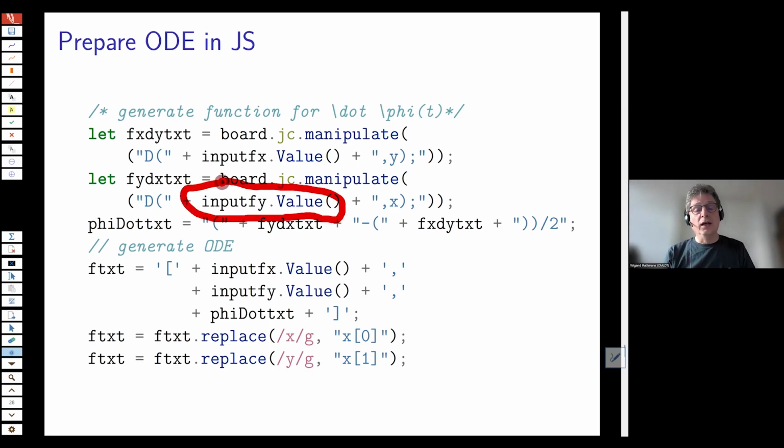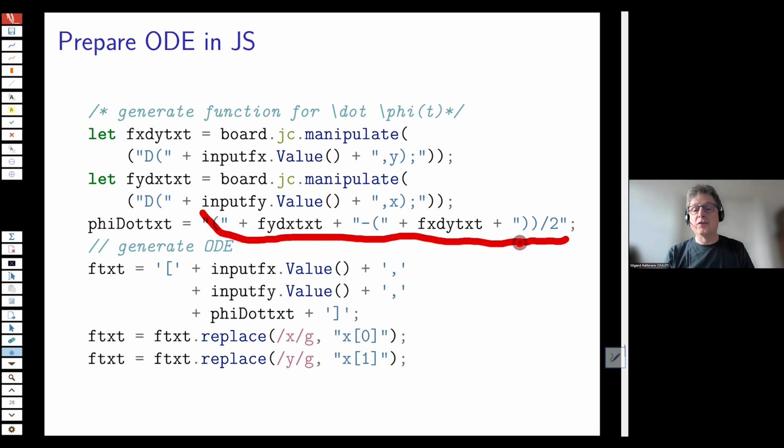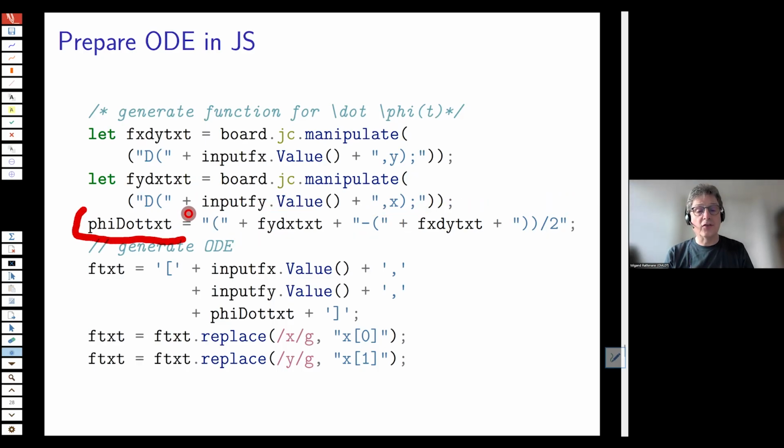I will differentiate this with respect to x, and at the end I will do some string operation, and I have my function as a string phi.txt. And now I only have to build a vector function, okay, brackets, x component of the vector field, y component of the vector field, phi dot, and I will replace x by x0 and y by x1, and everything is prepared.